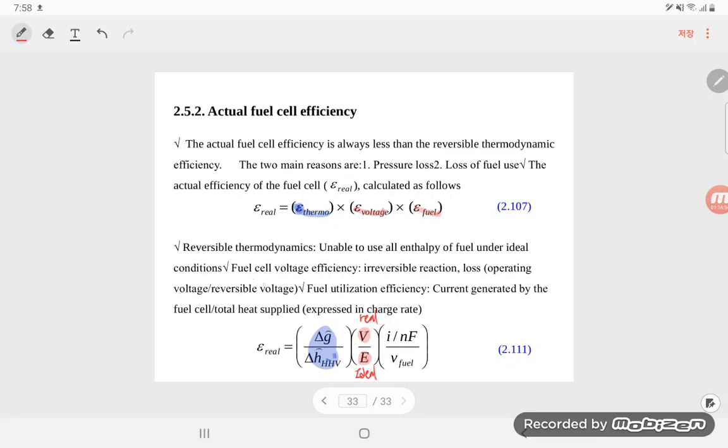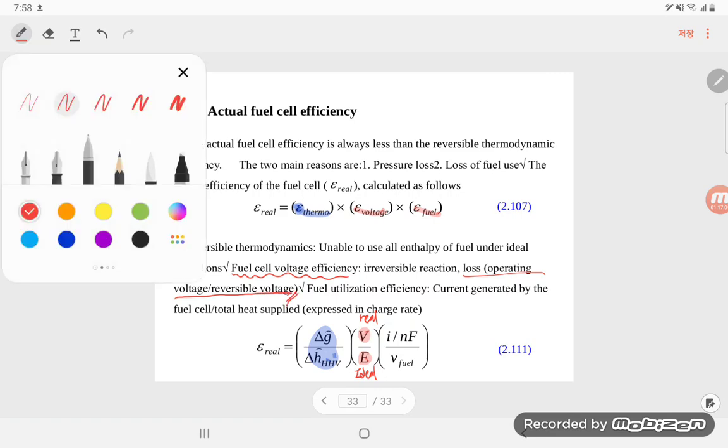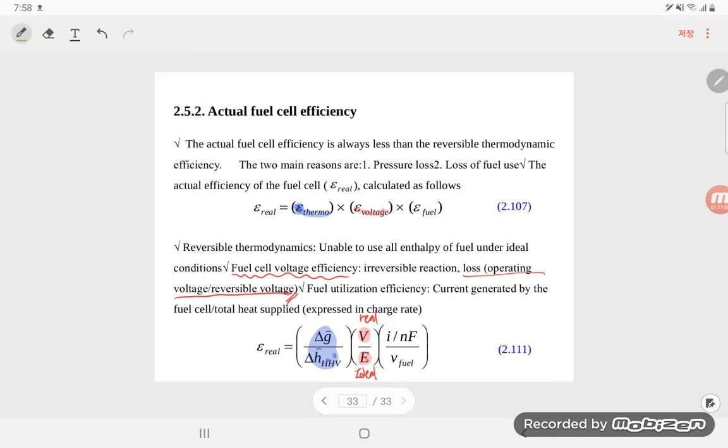So fuel cell voltage efficiency, due to irreversible reaction loss, is the operating voltage over the reversible voltage. And lastly, there is the fuel utilization efficiency.